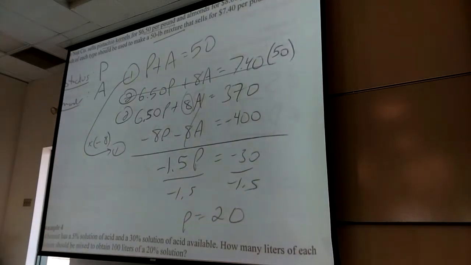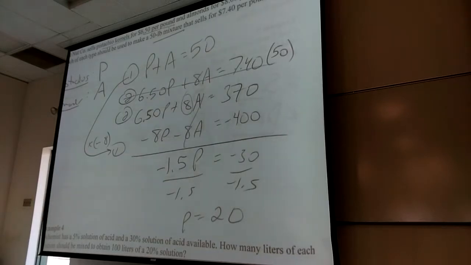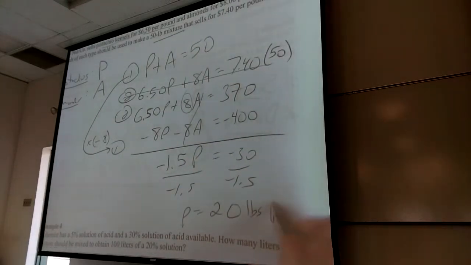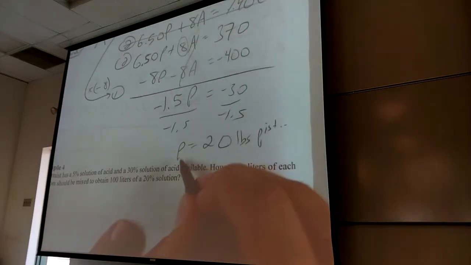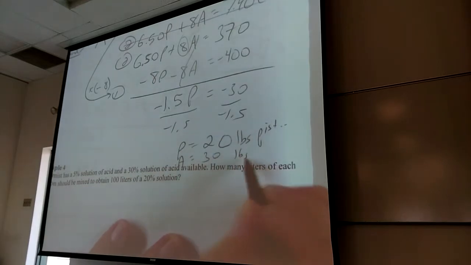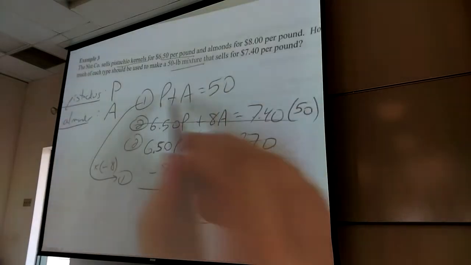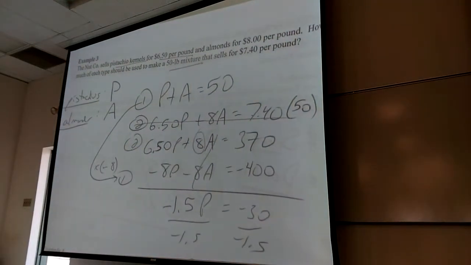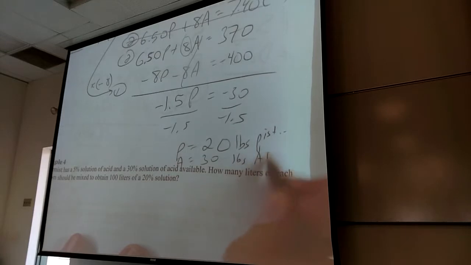I like it. 20 what? Pounds. 20 pounds of pistachios. So how many pounds of almonds? 30. How'd you guys get that so fast? Because they've got to add to 50. Oh, 30 pounds of almonds.